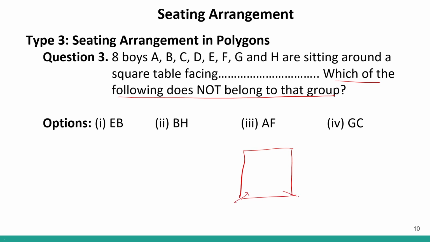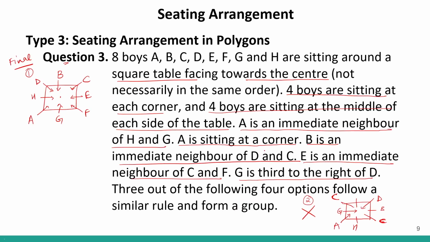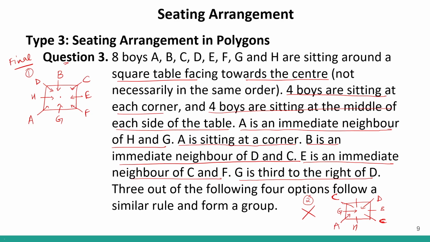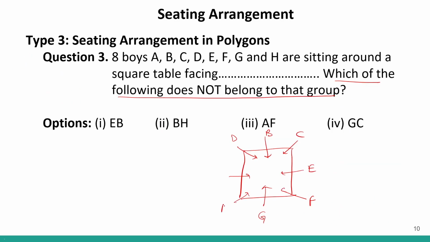So we have 4 people at the corners, correct? And there are certain people at the edge. I am taking reference from the previous slide. So we have D, B, C, E, F and G, A, H. So this is my final diagram.